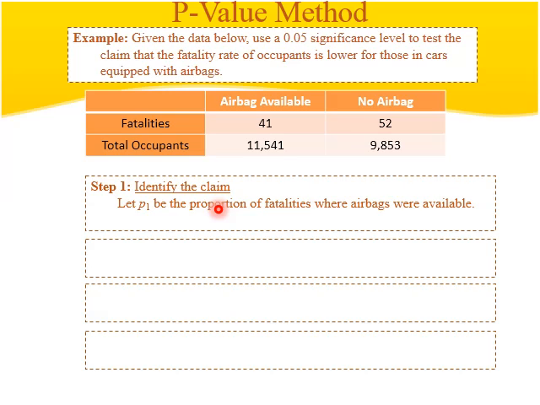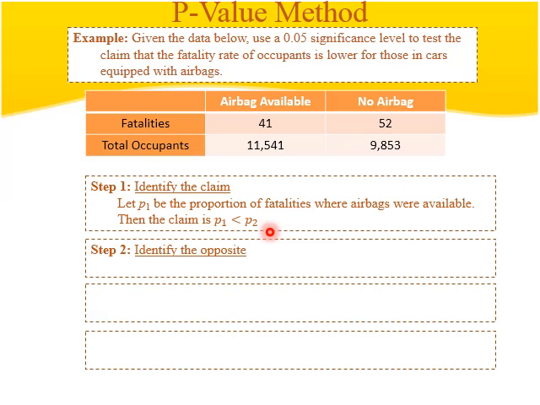So p1 is where airbags are available, and p2 will be the proportion where airbags were unavailable, no airbags available rather. So the claim is that the proportion of fatalities where airbags were available is less than the proportion of fatalities where airbags were unavailable.